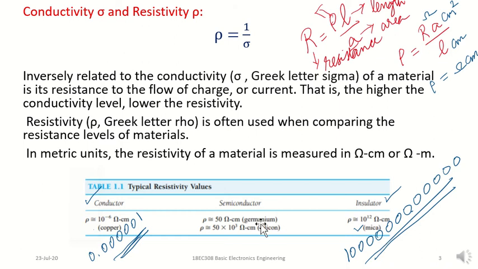For germanium it is 50 ohm centimeter. For silicon it is 50 into 10 power 3 ohm centimeter. Among these semiconductors, the one whose resistivity is very small has better conductivity. So germanium has better conductivity than silicon.